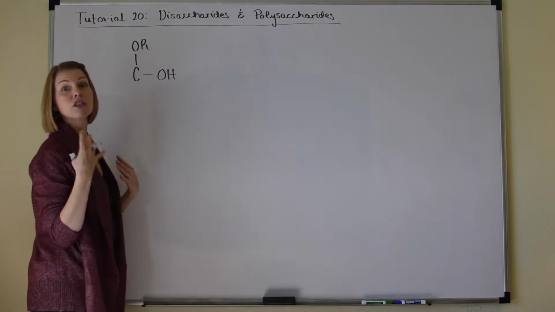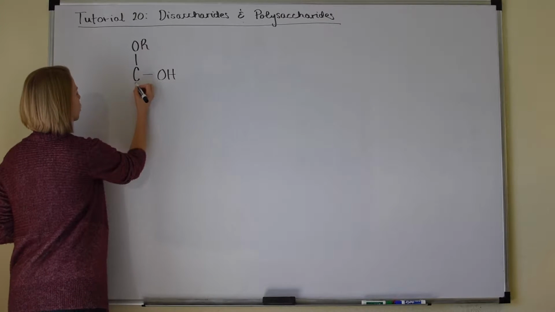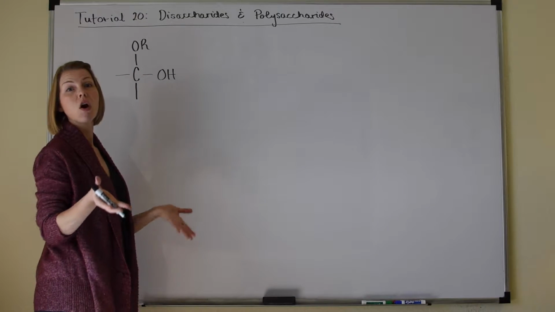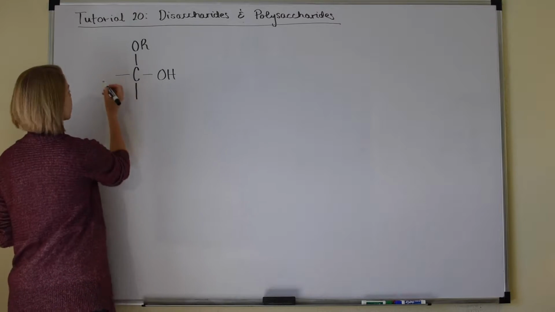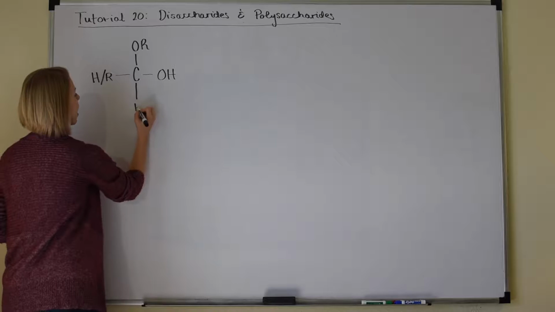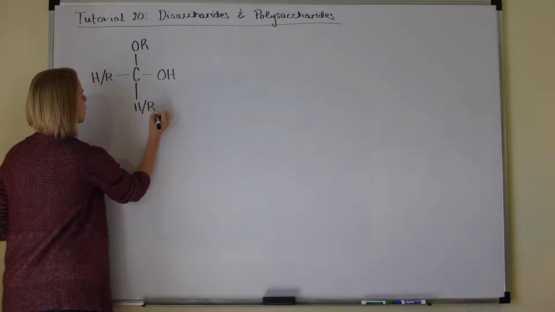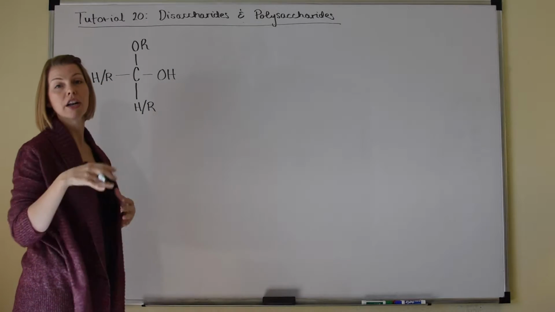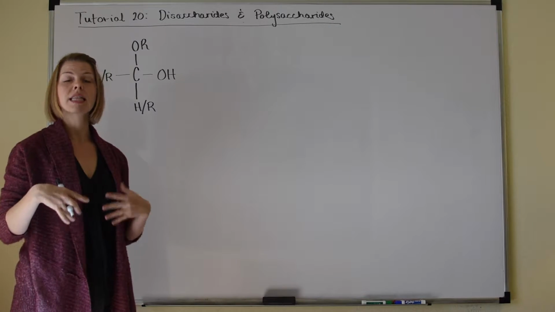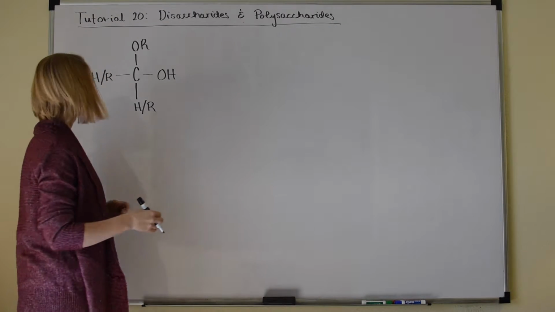Now, of course, carbon has 4 bonds. The other 2 bonds can be to either hydrogen or some carbon chain. So I'm going to write H/R. And that is going to just be dependent upon what aldehyde or ketone the hemiacetal came from.